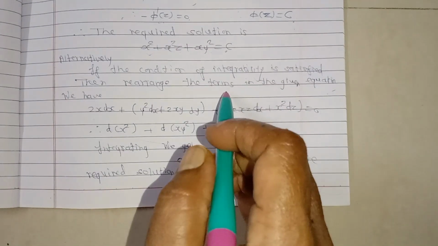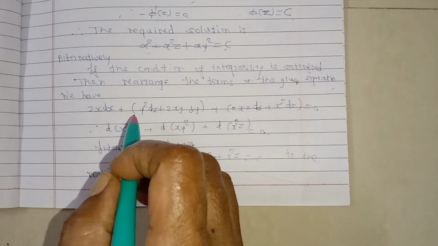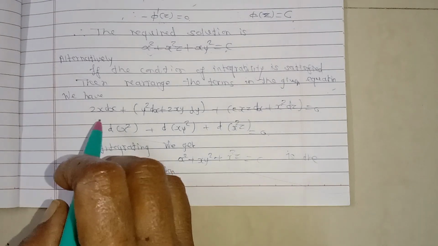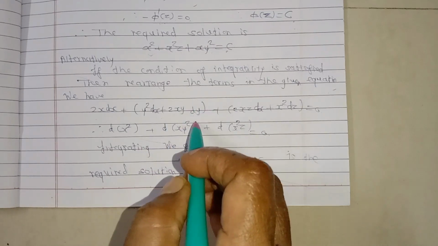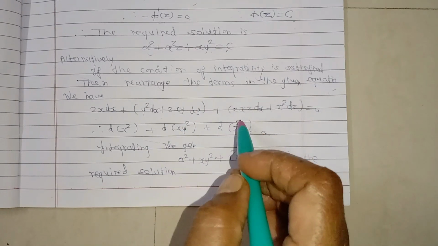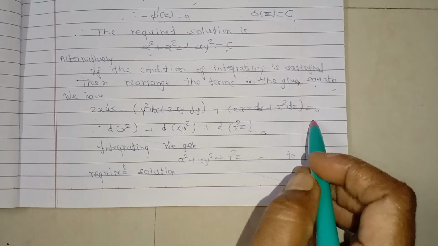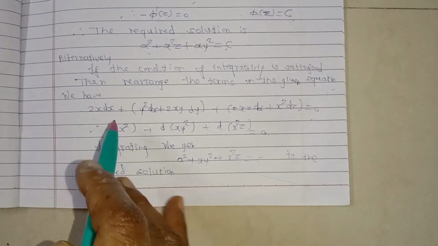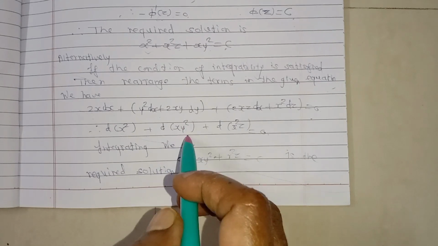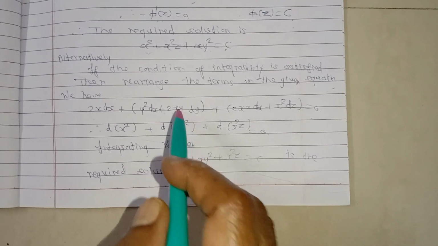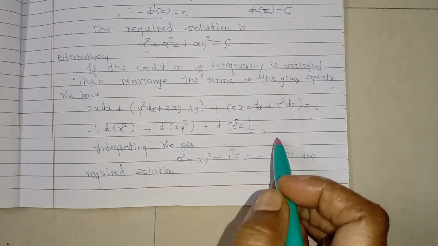If the condition is satisfied, then we rearrange the terms of the equation as 2x dx plus (y square dx plus 2xy dy) plus (2xz dx plus x square dz) equal to 0. That is, d of x square is 2x dx, plus d of (xy square) is this bracket, plus d of (x square z) is this last bracket, equal to 0.